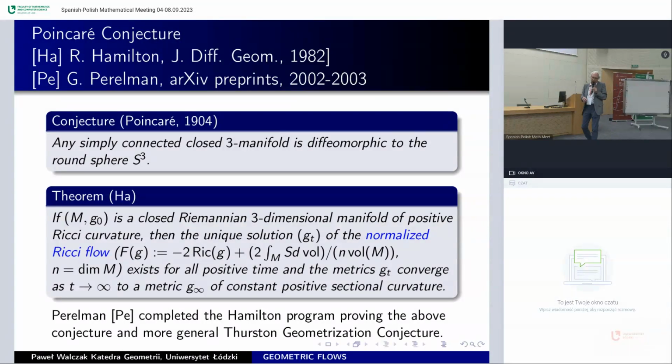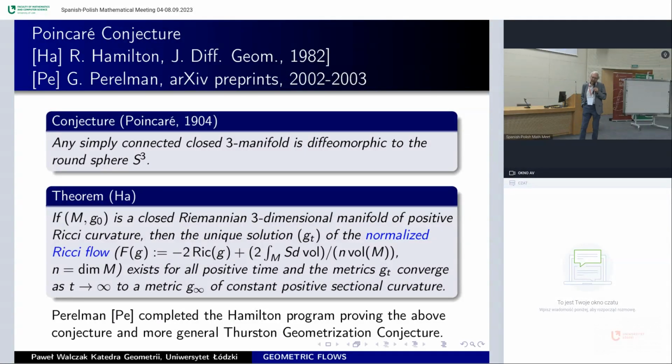And this was somehow completed by Perelman in, I think, a triple of preprints, which were never published due to some, I would say, psychological problems between the author and the editorial committee of one of the most prominent journals.